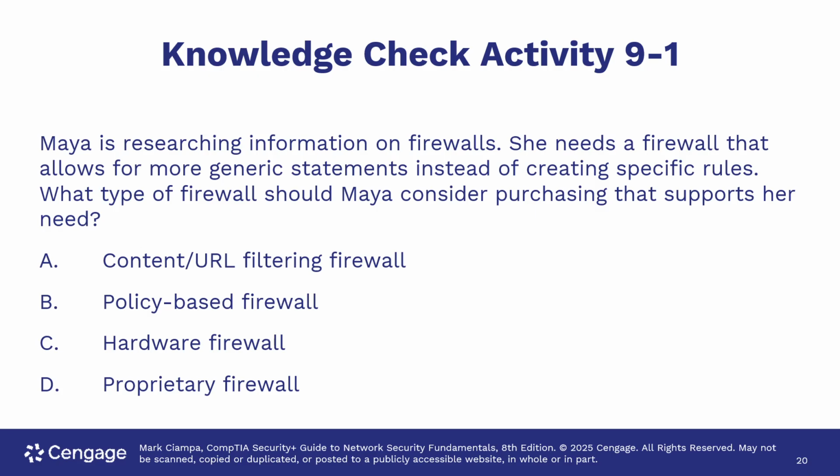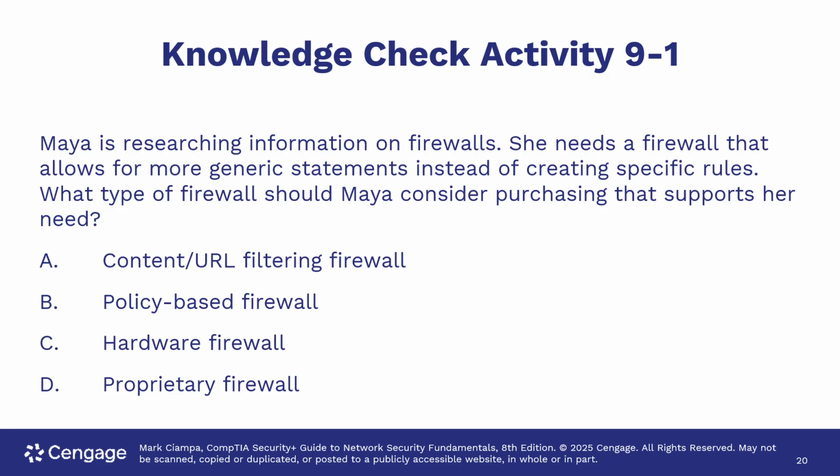So let's do our knowledge check for our chapter here. Maya is researching information on firewalls. She needs a firewall that allows for more generic statements instead of creating specific rules. What type of firewall should Maya consider purchasing that supports her need?